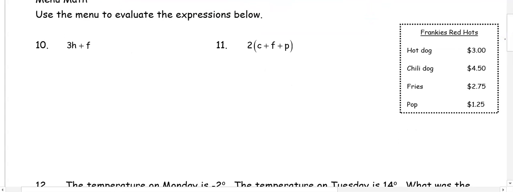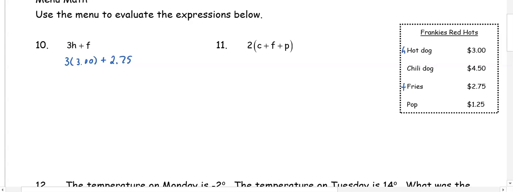In menu math, we are given an order and we need to use the menu math values to figure out how much the order would cost. So in number 10, we have 3H plus F. Well, H could stand for hot dogs and F could stand for fries. So they got 3 hot dogs at $3 plus a French fry at $2.75.